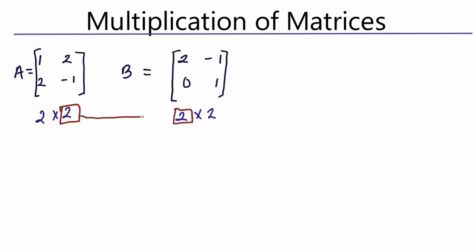These two are similar, and therefore these matrices can be multiplied together. Then the solution of our matrix is going to be given by the number of rows in the first matrix by the number of columns in the second matrix. So we expect the solution to be a 2 by 2 matrix.